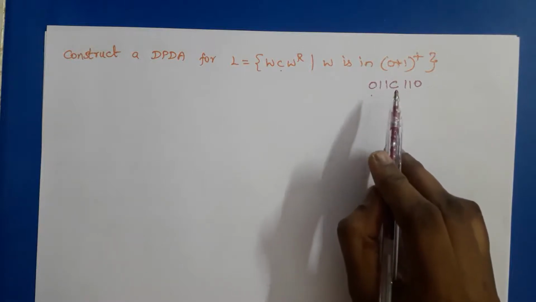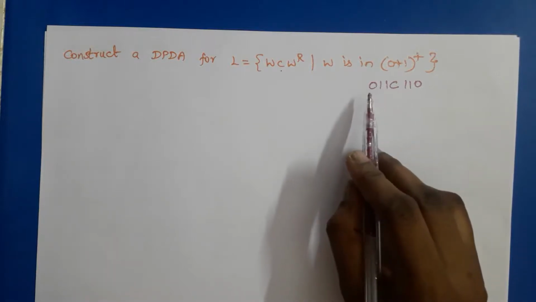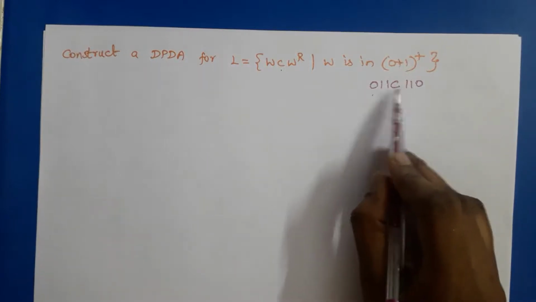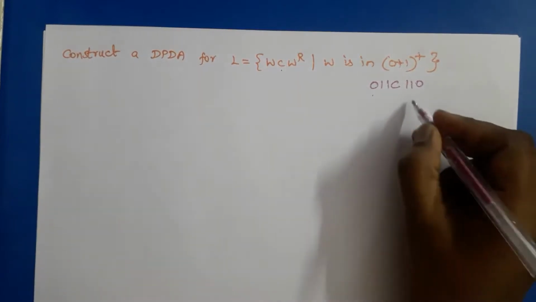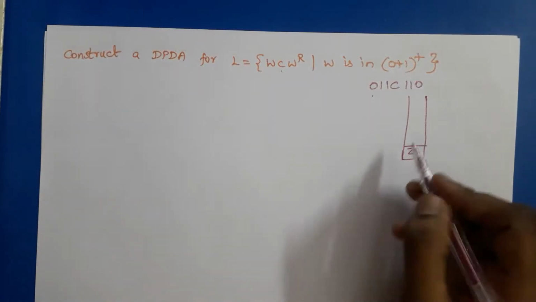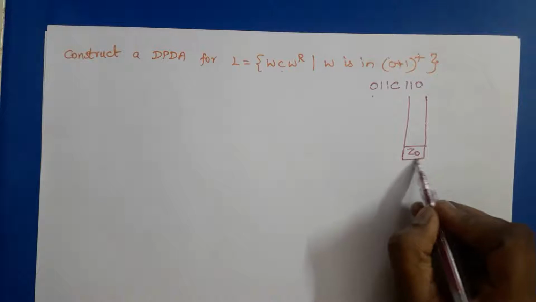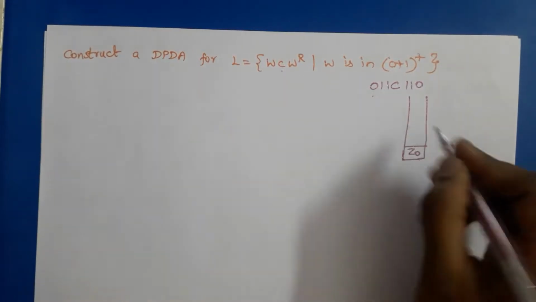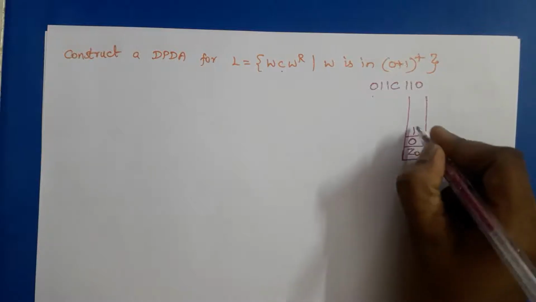So it is a deterministic PDA because until we have seen C, we have to insert all the symbols onto the stack, right? Initially the stack will have Z0. If the input symbol is either 0 or 1, we just perform a push operation.